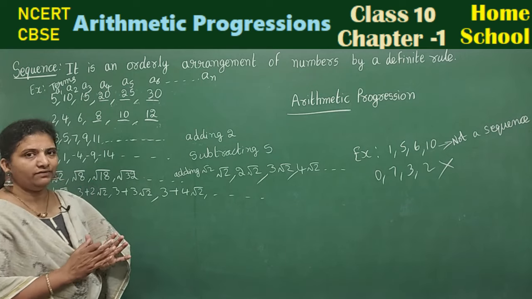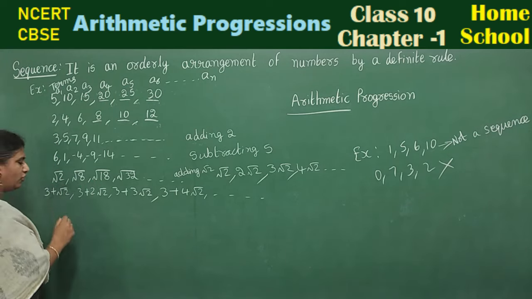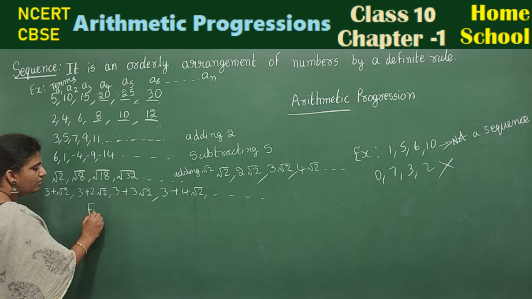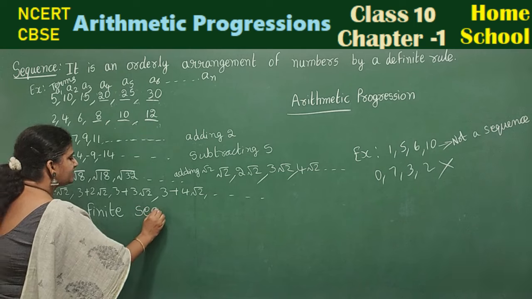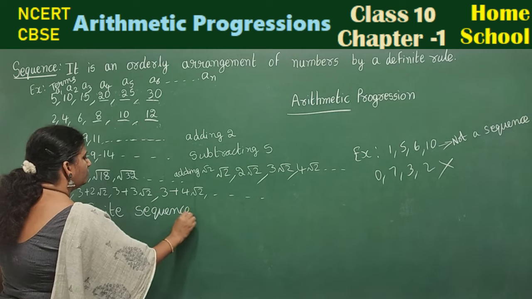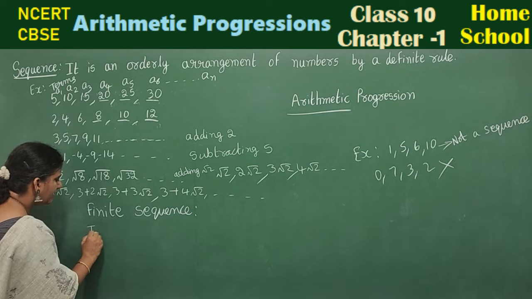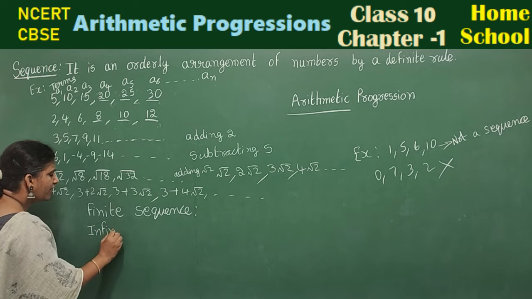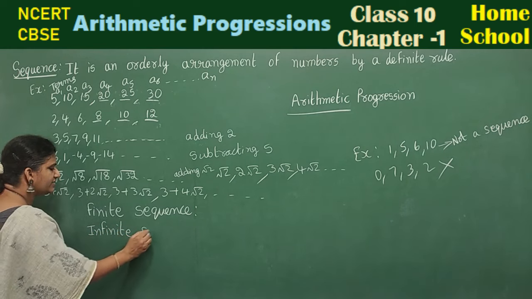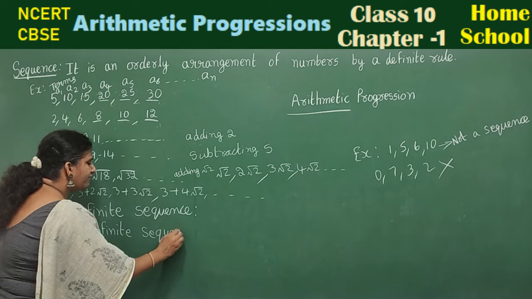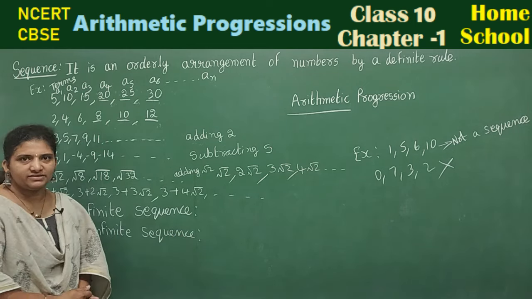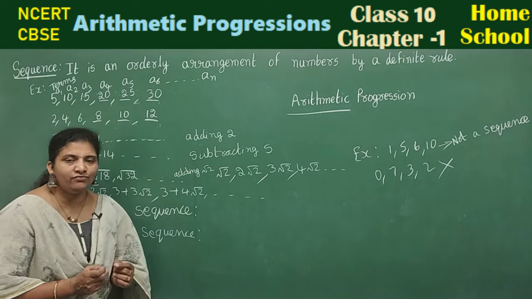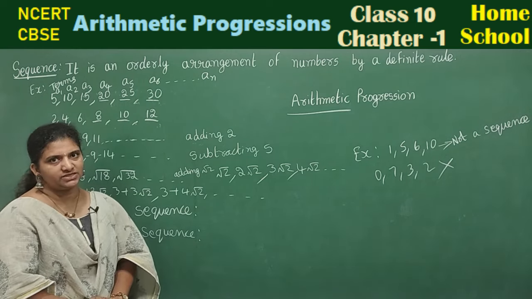Okay. Now the next concept we are going to learn is finite sequence and infinite sequence. What is a finite sequence, children? A finite sequence is a sequence having a finite number of terms.